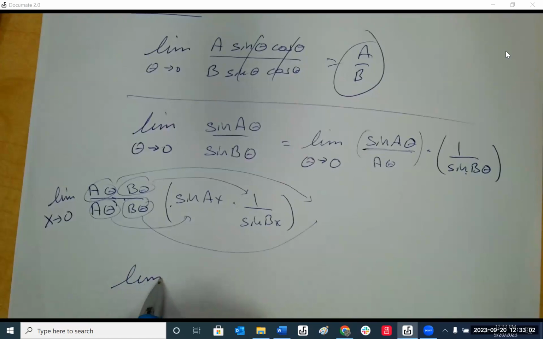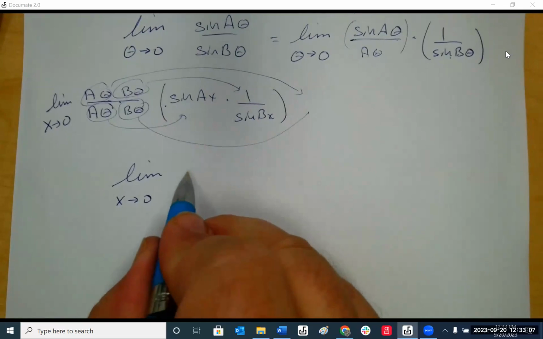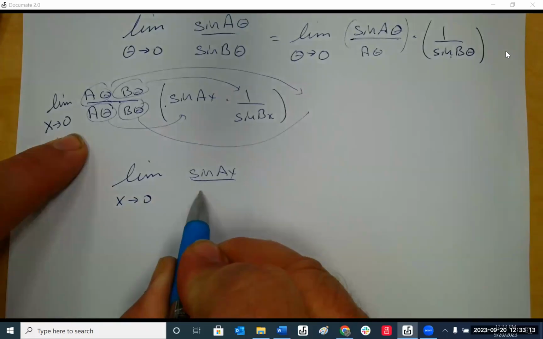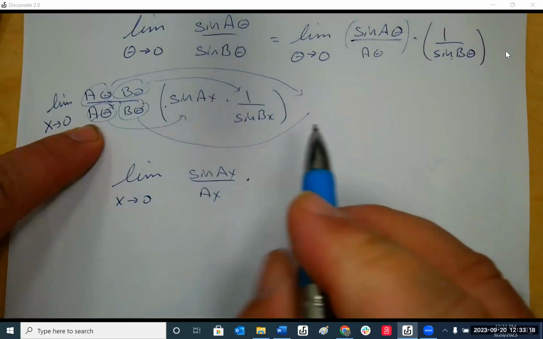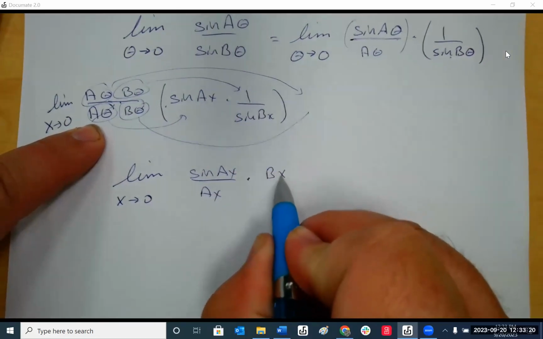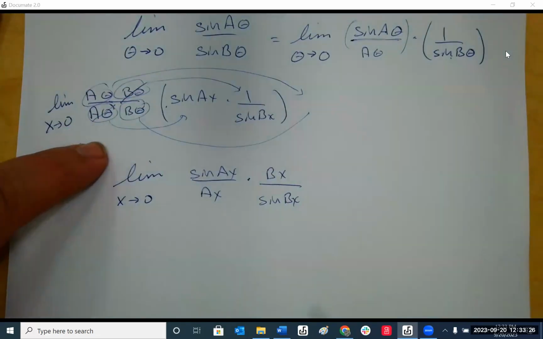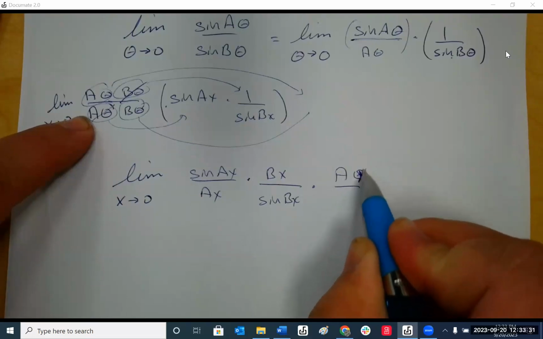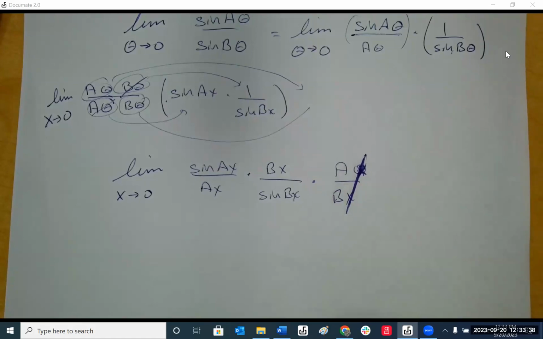So I have the limit as X approaches 0 of sine AX over AX, that takes care of that one, times BX over sine BX, that takes care of that one, times AX over BX. And the x cancels, so we have A and B.